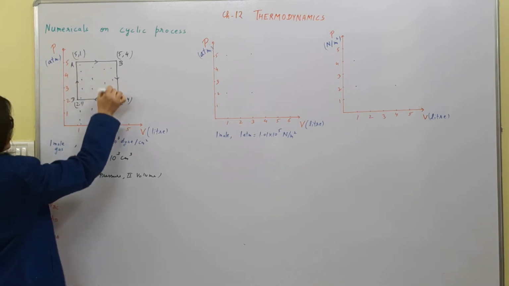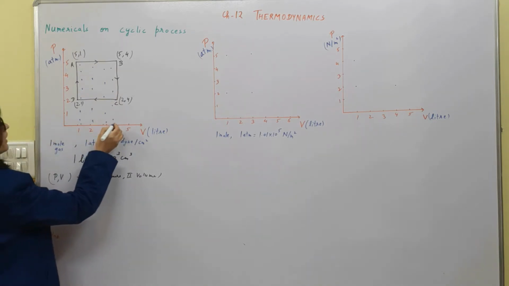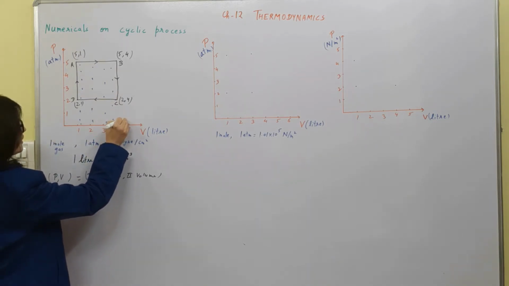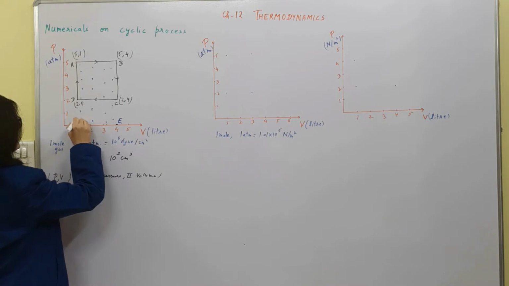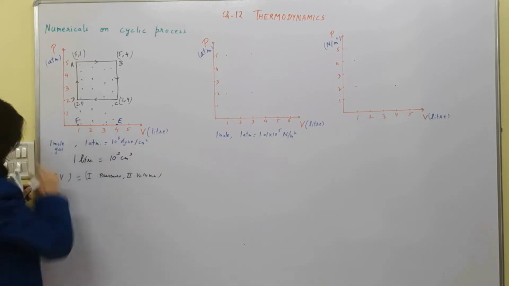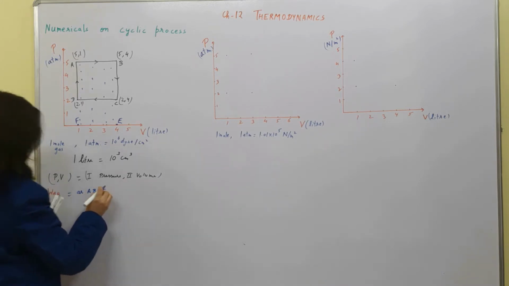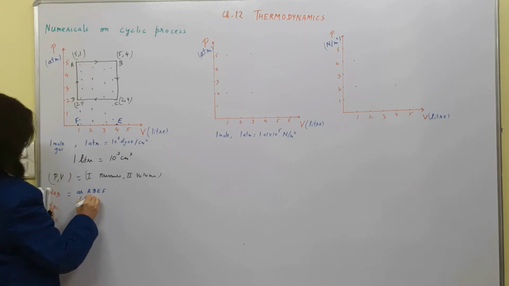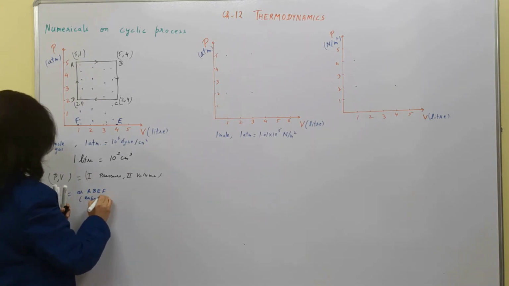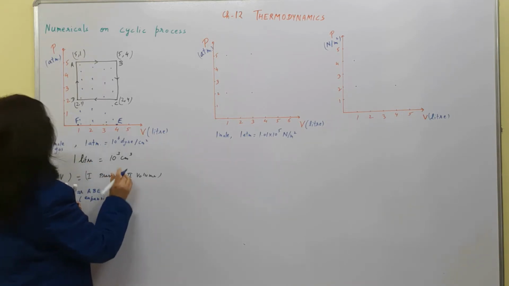This is what we have studied in theory. So you can say if we mark this point as E and this point as F, this is area ABEF, and this is expansion because from A to B the volume is increasing.